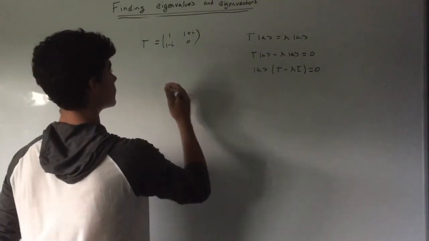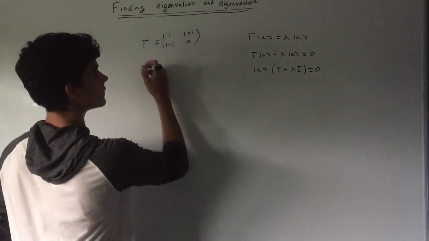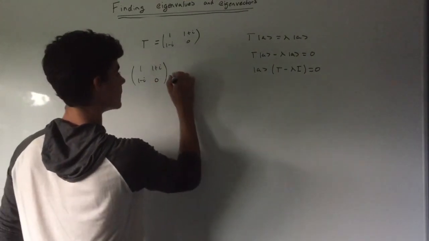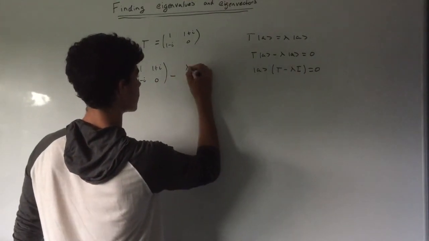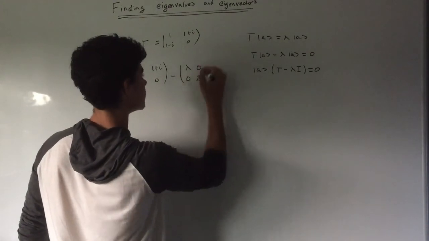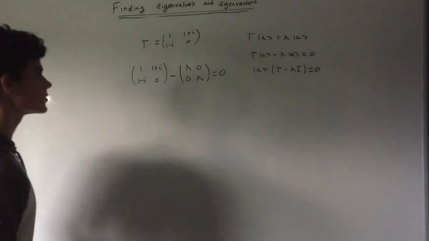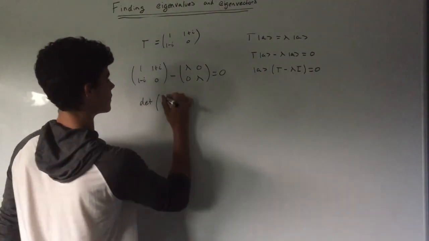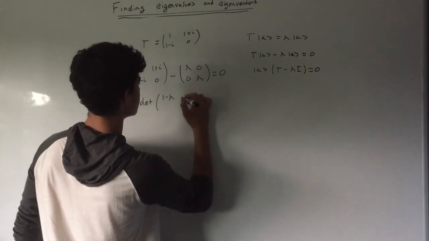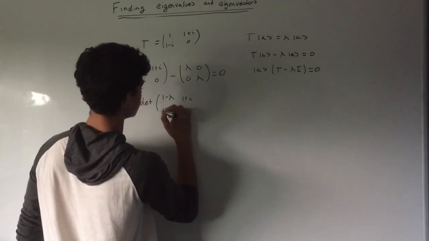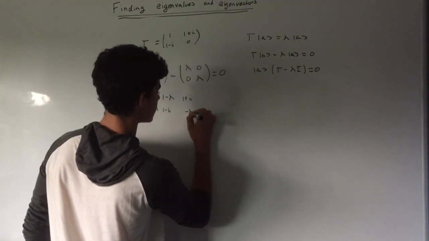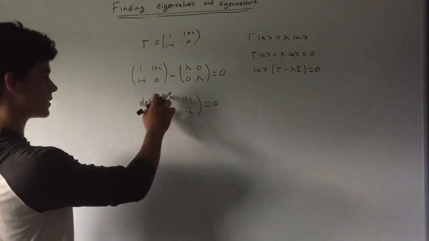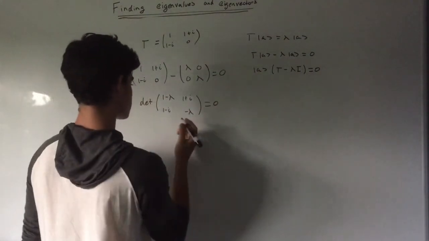So when we do that, we have the matrix with entries 1, 1 plus i, 1 minus i, 0, minus lambda times the identity, equals 0. Rewriting this, we have the determinant of the matrix 1 minus lambda, 1 plus i, 1 minus i, minus lambda equals 0. From here, we just take the determinant and set it equal to 0.